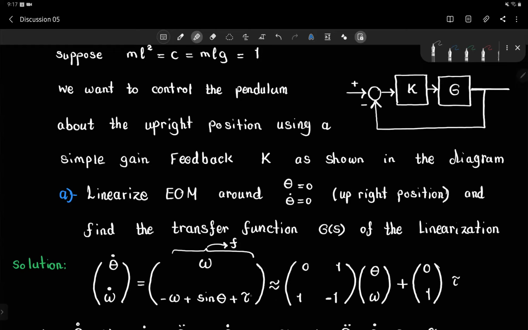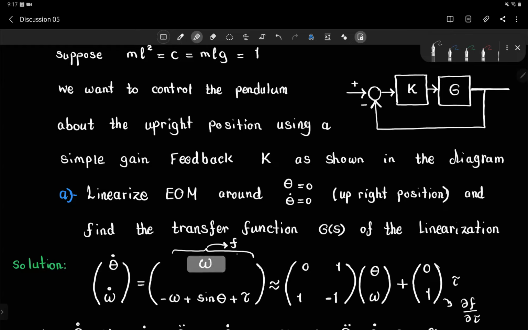Now, recall that we have a torque here, right? And this torque is our input. So if we don't write this term, we will not have an input, right? So we will not be able to control this, the transfer function that comes out of this. But because we have an input, this vector is basically partial f by partial tau, where tau is your input, okay?